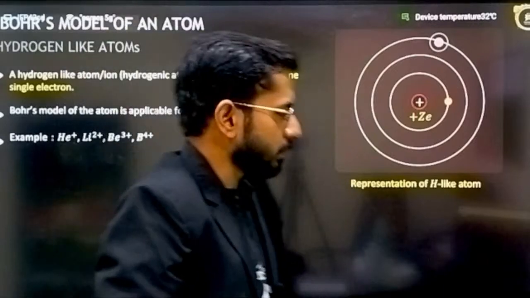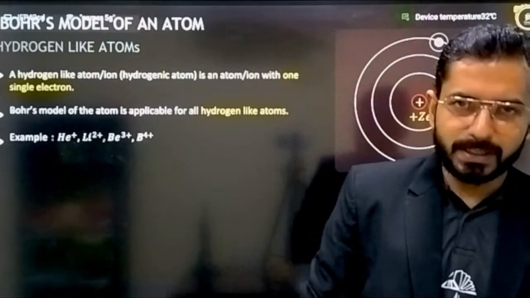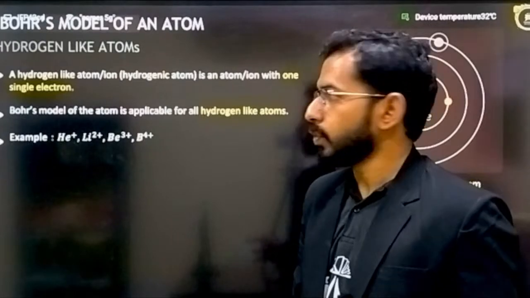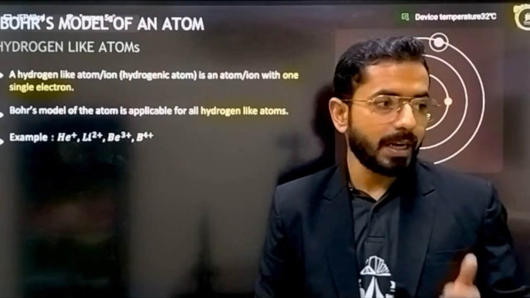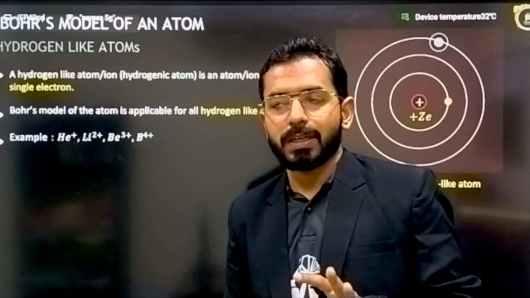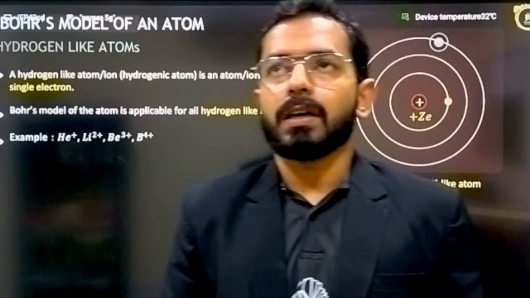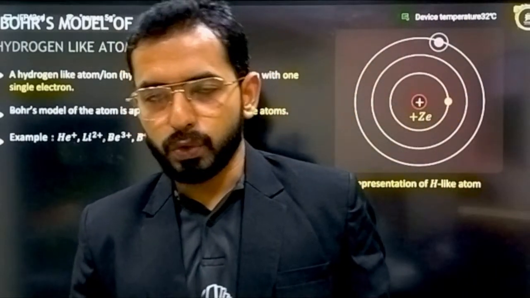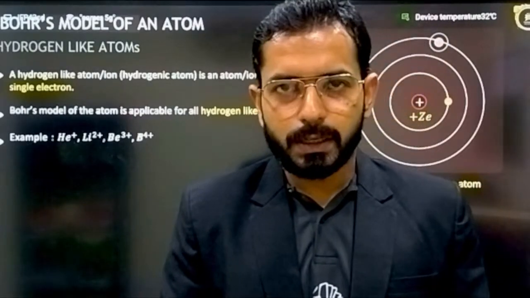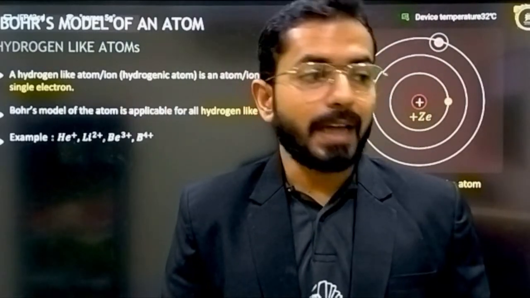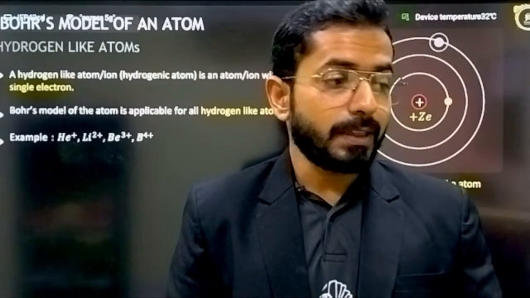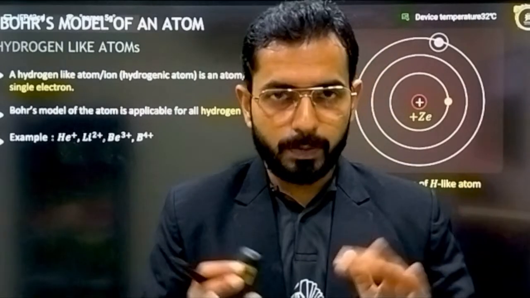Hydrogen-like atoms. All the derivations that we'll be doing here will be valid for all hydrogen-like atoms. The Bohr model explains only hydrogen-like atoms. It does not explain different elements combined. Let's suppose two atoms are there, then what will happen? Then we'll be talking about bands, not a single energy level, because they will be overlapping.